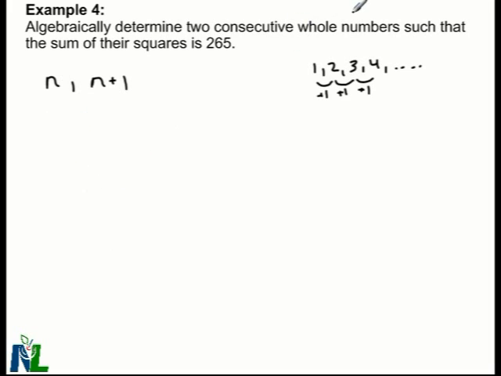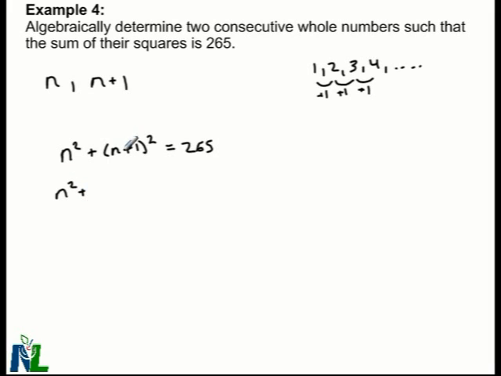Now the next part of the question says that the sum of their squares is 265. Well, the square of n would be n squared, and the square of n plus 1 would be (n plus 1) squared. And it says that the sum of these two squares should be equal to 265. So I'm beginning to arrive at some type of quadratic relation, but if I want to be able to solve it, remember, we need to have this equal to 0.